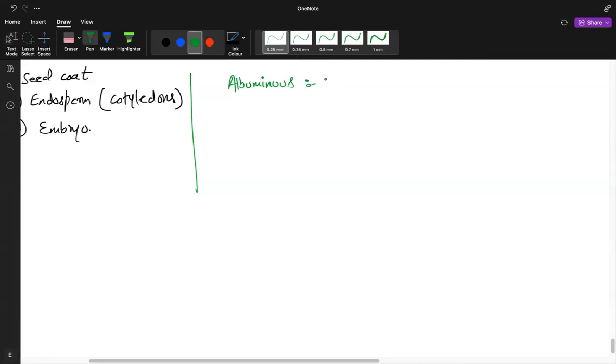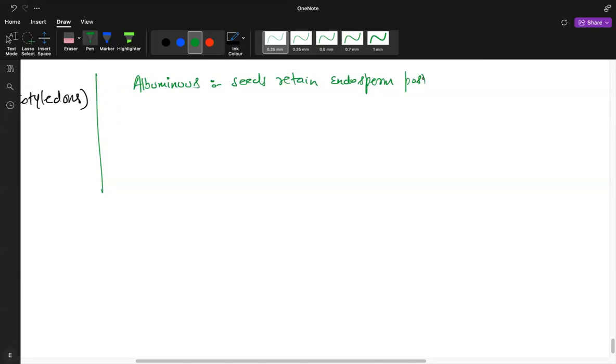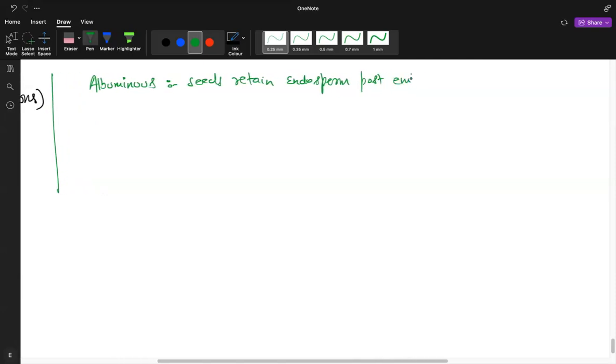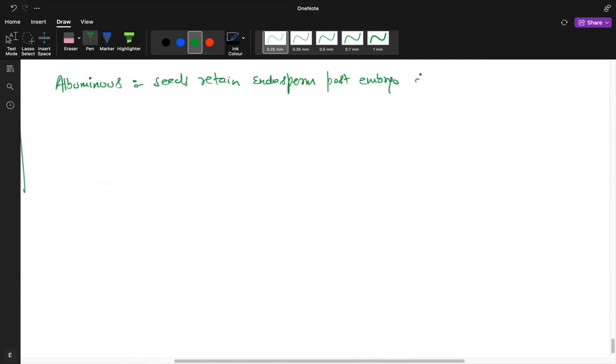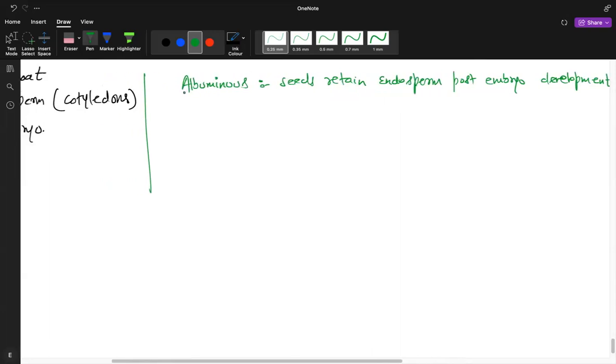Those are seeds that retain endosperm post embryo development. So in a mature seed also you will find endosperm. That's albuminous seed.